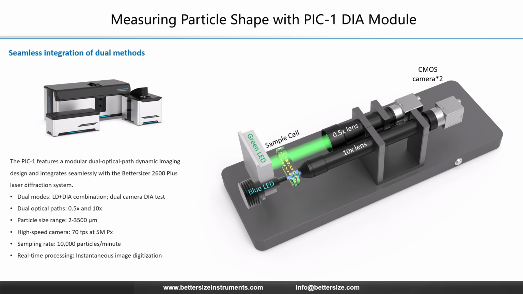We utilize a 0.5 times magnification for coarser views and a 10 times magnification for fine details. Crucially, these two passes can acquire images synchronously or independently. This flexible design ensures that we can achieve high-resolution observation of both particle shape and size regardless of the sample complexity.